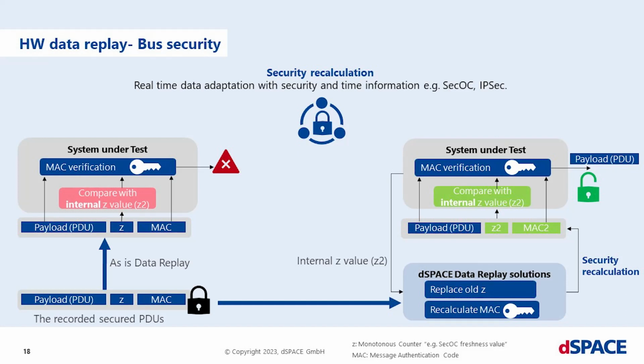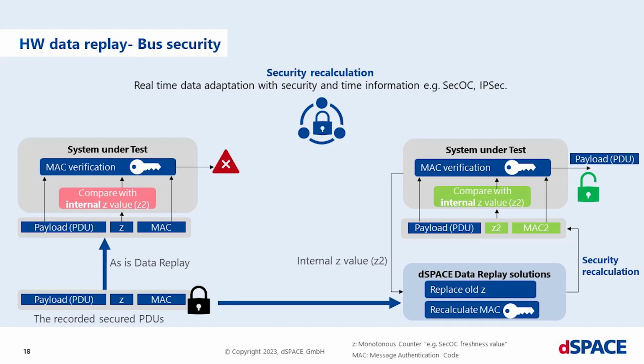Secured bus data frames will only be accepted by the SUT when a MAC verification can successfully be performed. Since the ECU internal security keys regularly change, the dSPACE replay system needs to adapt those changes to the existing recordings.